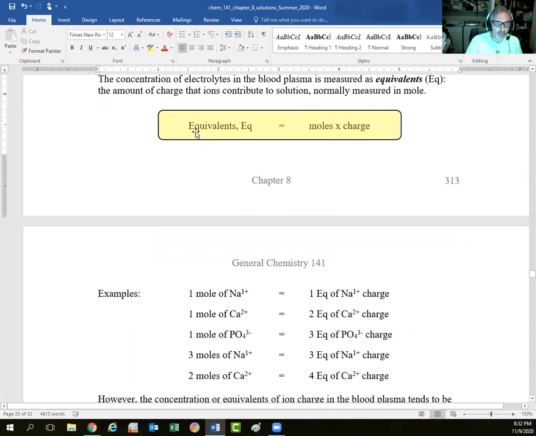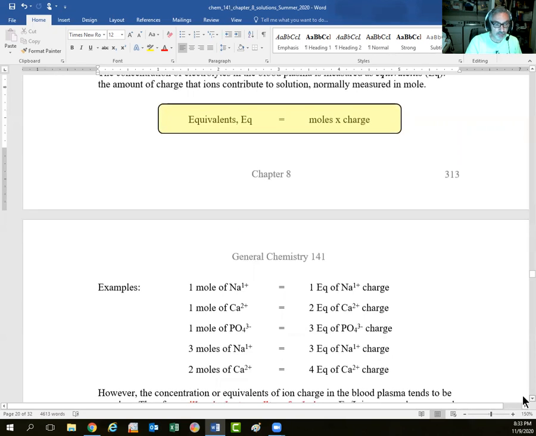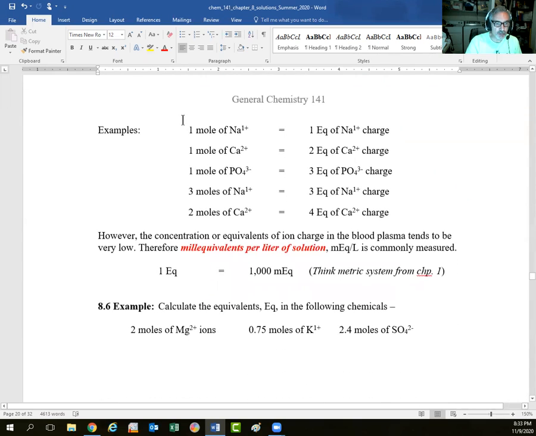And we usually talk about these equivalents by measuring the number of moles multiplied by the charge for that particular species. So if we look at some examples, if we had a mole of sodium ions, because sodium is a group 1 metal, 1+ charge, and so 1 times 1, that'd be 1 equivalent. Calcium from group 2, that's a 2+ metal, so 1 mole times that 2+ charge, that'd be 2 equivalents.